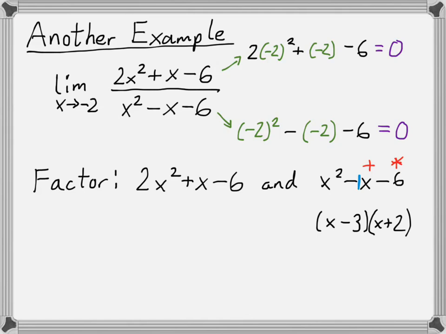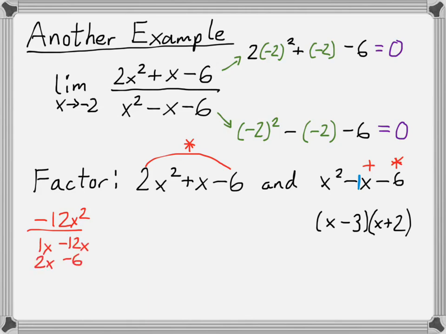Now, what you probably need more review on, because you've had a whole summer to sleep, is how to factor when the coefficient of x squared is not 1. When you have a coefficient that's not 1, you need to multiply the first term with the last. 2x squared times negative 6 would be negative 12x squared, and I'm going to look for factors of negative 12x squared that would add up to my central term of positive x.